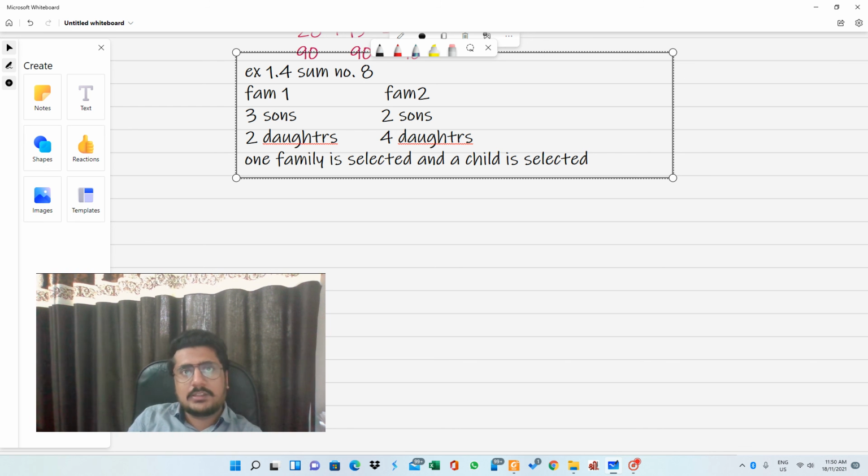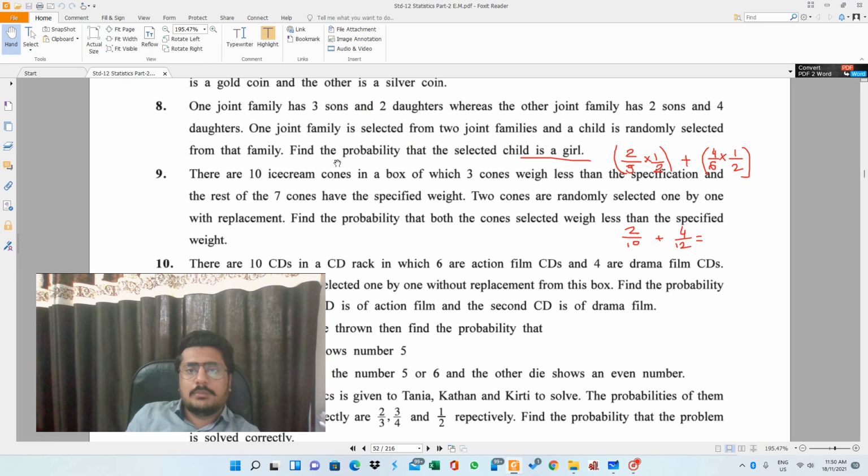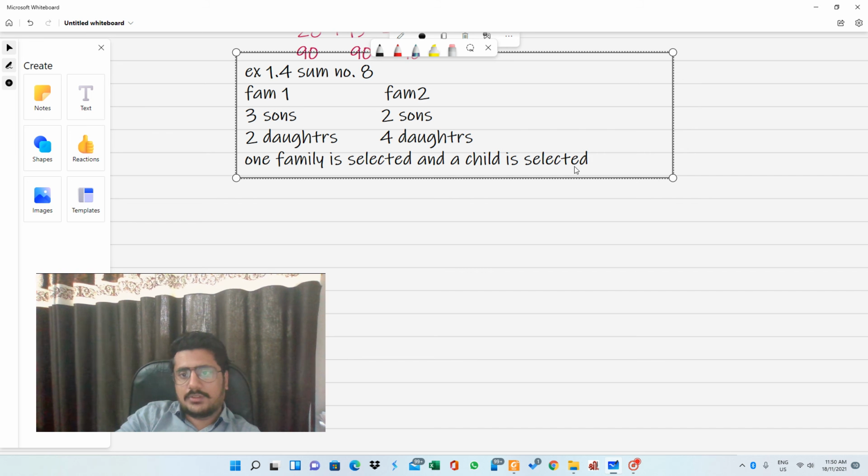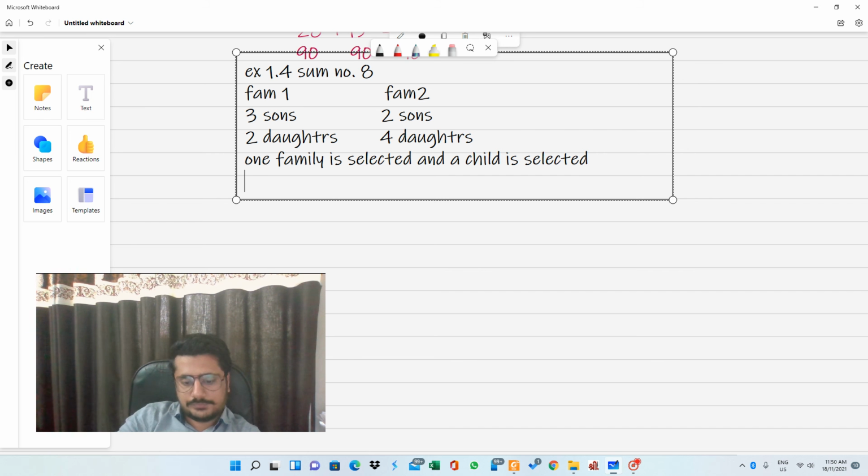If you are selecting family one, then you select a child from family one. If you are selecting family two, you select a child from family two. My question is to find the probability that the child is a girl.